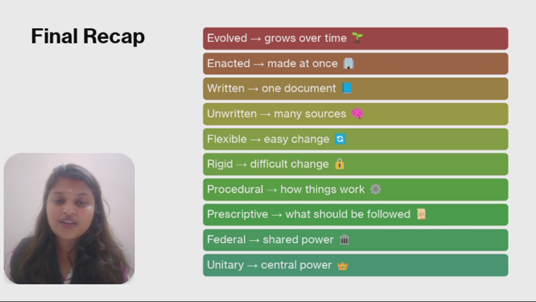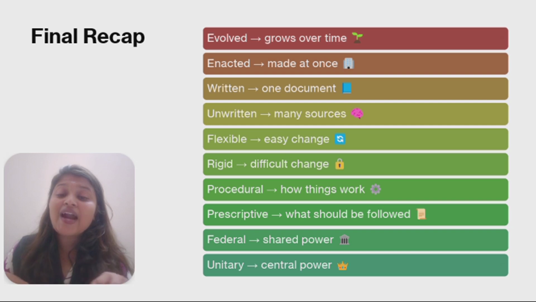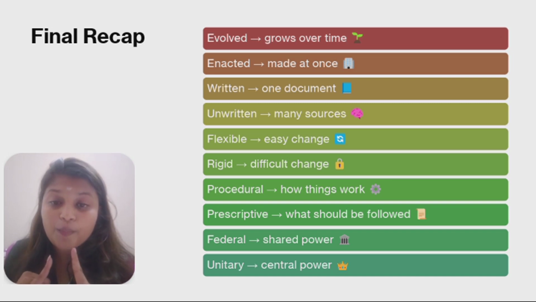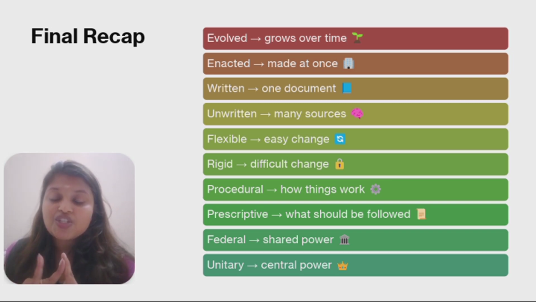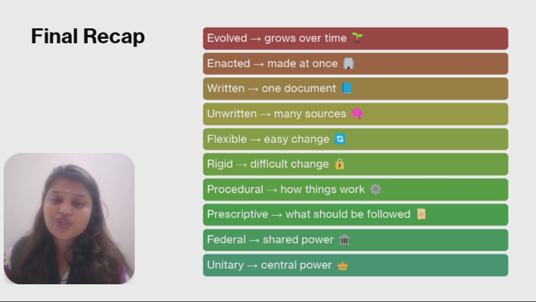It is actually written, but it is not bound as a single document, where the constitutional principles are scattered into many sources. Scattered into many sources means scattered as practices, judicial decisions, customs and all. One of the best examples for unwritten constitution is again the Constitution of UK, right?